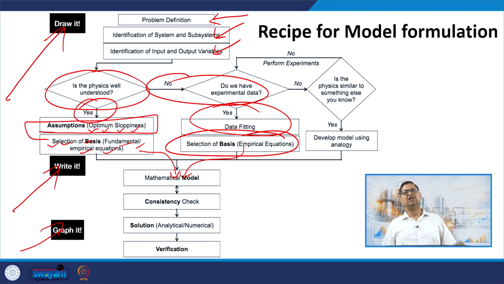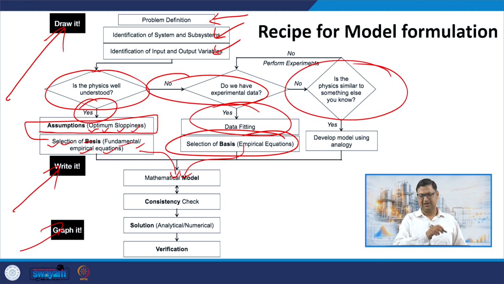Let us say we do not even have that. So, we do not know the physics, we do not have the empirical data. Now, what can we do, right? So, now we can resort to the third possibility, that is modeling by analogy. Is the physics that you are observing or that you anticipate similar to something else you know about? In that case, we had an RLC circuit analogous to a Spring-Dashpot.